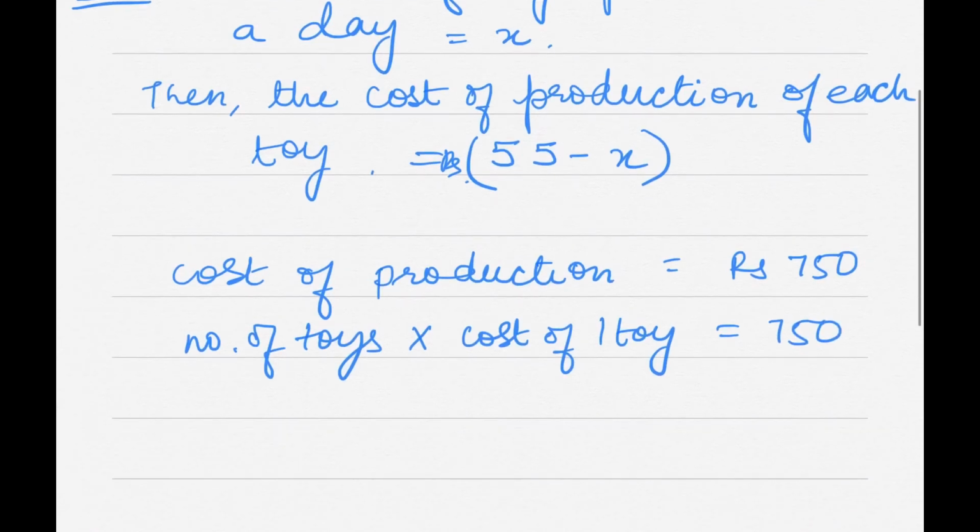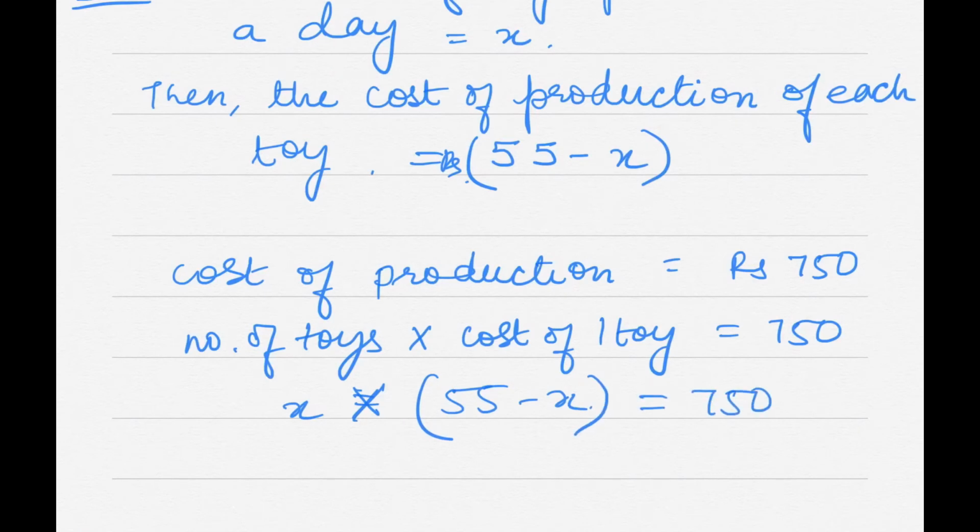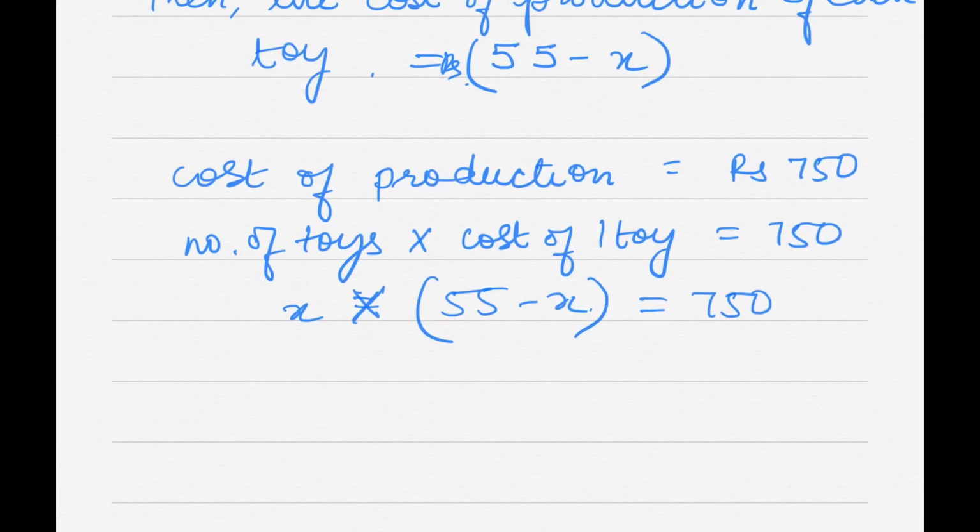The number of toys we assumed is x, and the cost for each toy is 55 minus x. So this is equal to 750. Now if we multiply, we get 55x minus x square is equal to 750.